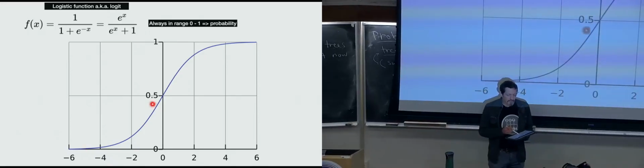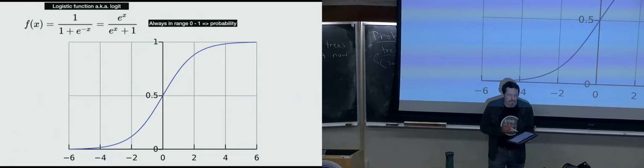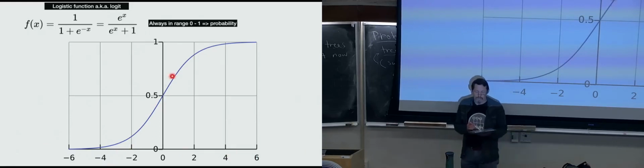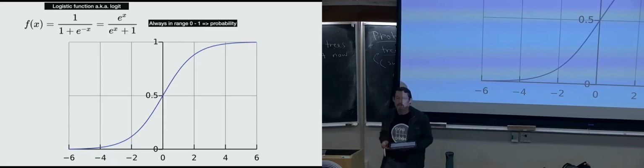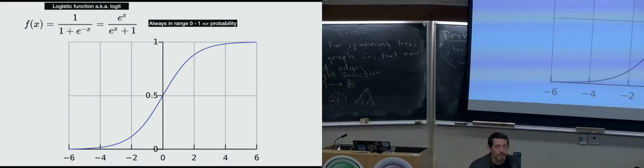It's this S-shaped curve. So you can go towards positive infinity, or you can go towards negative infinity. And this will always asymptotically approach, but never quite reach, 1 or 0. So it's the perfect function for squishing numbers between minus infinity and plus infinity into numbers between 0 and 1.